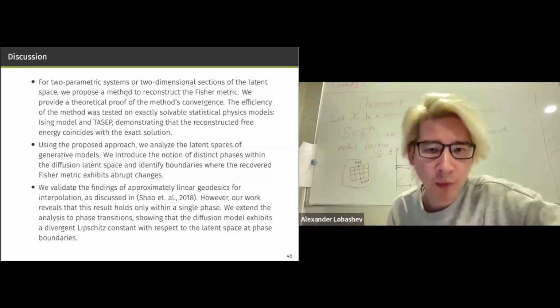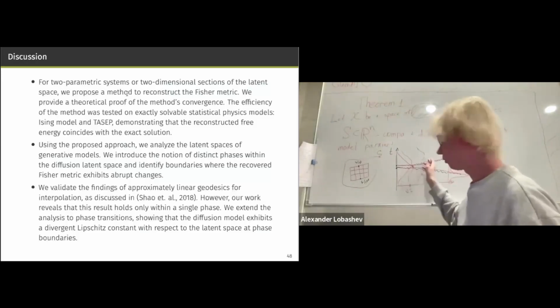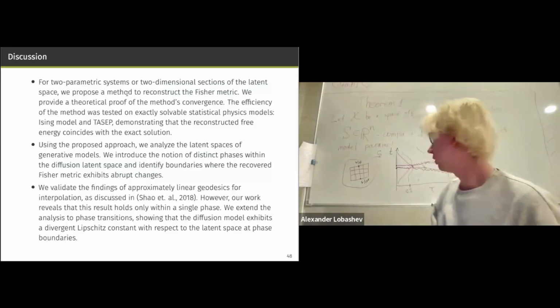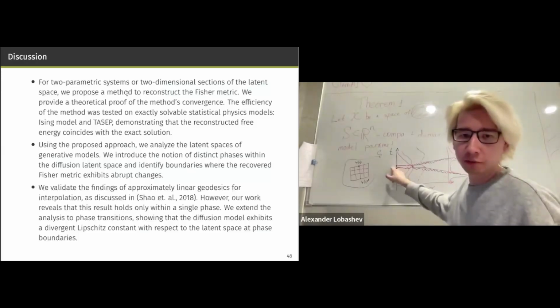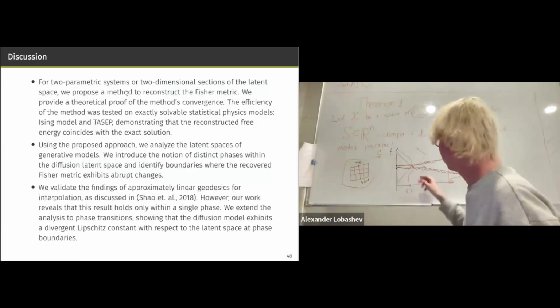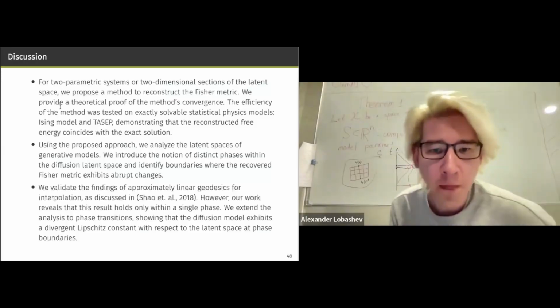And we assume that in reverse sampling of the ODE, we have a divergent Lipschitz constant of this generative mapping, or it's the same as saying that these trajectories have a high Lyapunov exponent.